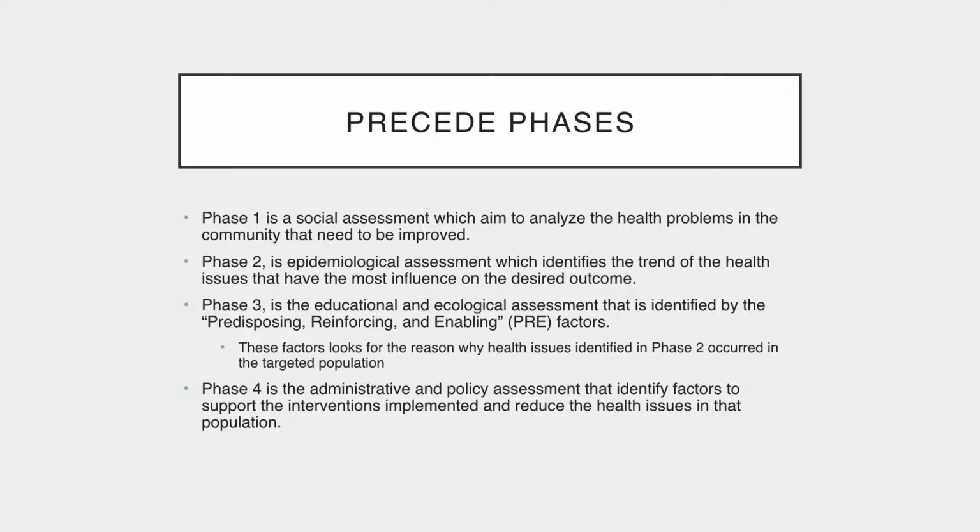Phase 3 is educational and ecological assessment that identifies the predisposing, reinforcing, enabling factors that are called the prefactors. These factors look into the reason why the health issue identified in Phase 2 occurred in the targeted population. Phase 4 is the administrative and policy assessment that identifies factors to support the intervention implemented and reduce the health issues in that population.